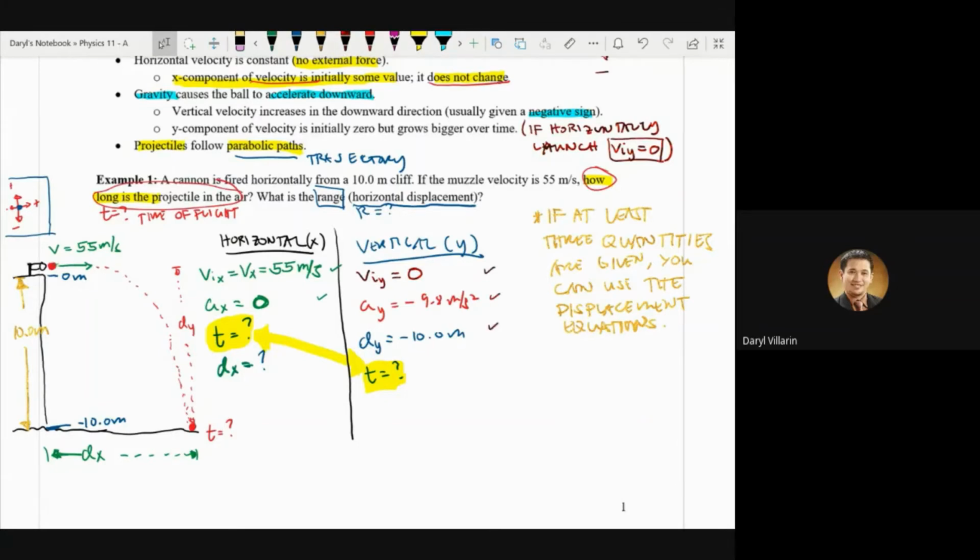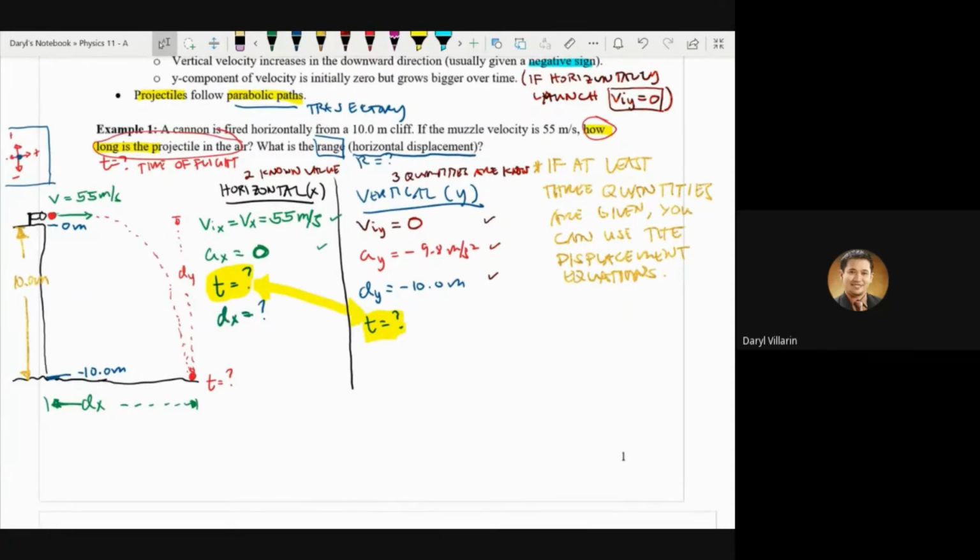Therefore, I'll be focusing on my vertical motion, because I have three quantities given. In the vertical motion, three quantities are known, while in the horizontal motion I only know two values. So I'm going to focus on the things that I have in my vertical motion, or my y component.